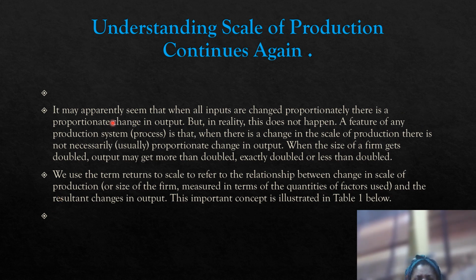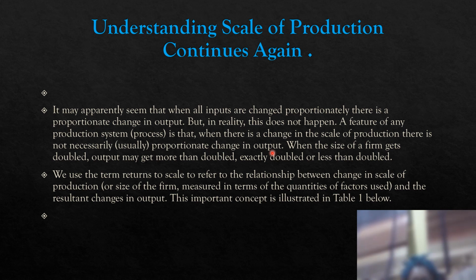So it may apparently seem that when all inputs are changed proportionately, there is a proportionate change in outputs. But in reality, this does not happen. A feature of any production process is that when there is a change in the scale of production, there is not necessarily, usually, a proportionate change in output.